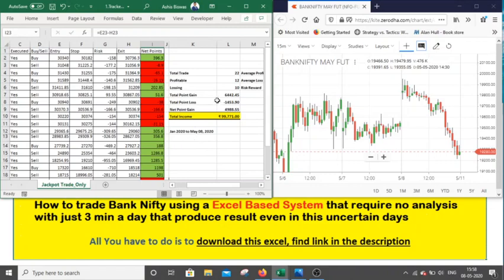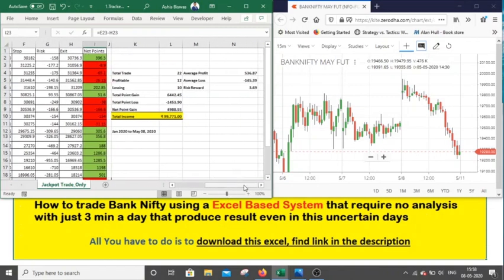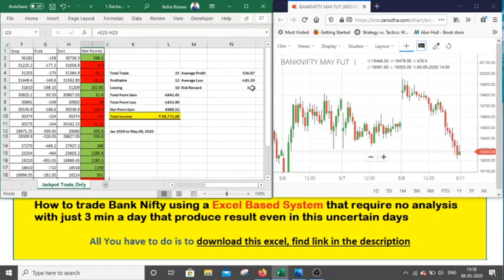We had 22 trades based on this Excel sheet. Among them, 12 were profitable and 10 were losing. Total point gain was 6,442. Average profit was 500 points, and average loss is 145 points. So the risk reward ratio is almost 3.69, which is very high.